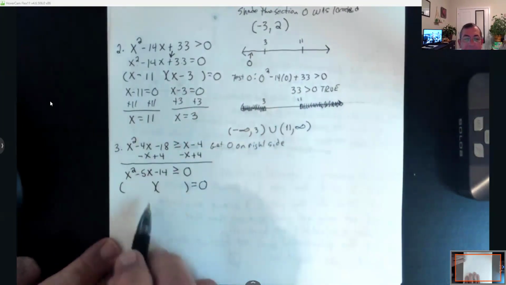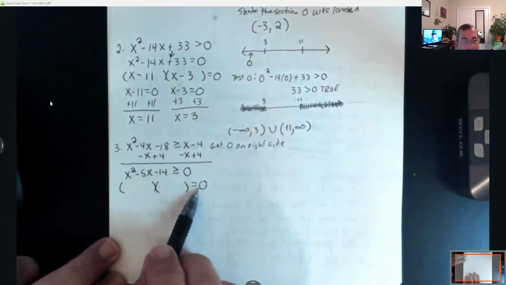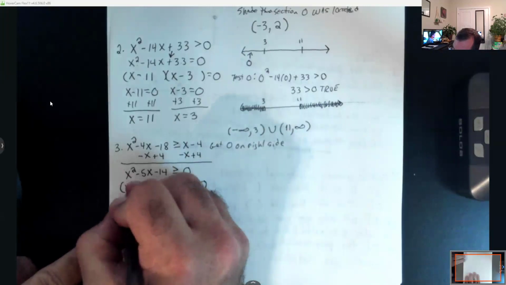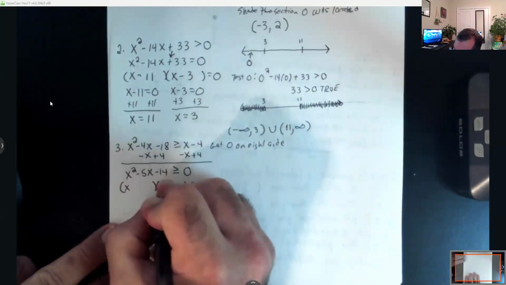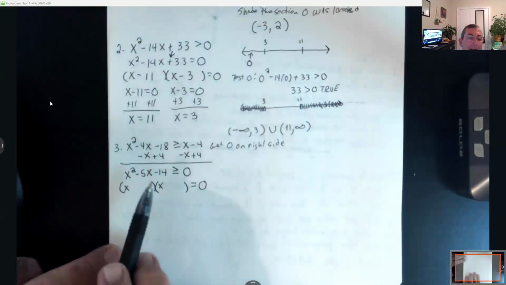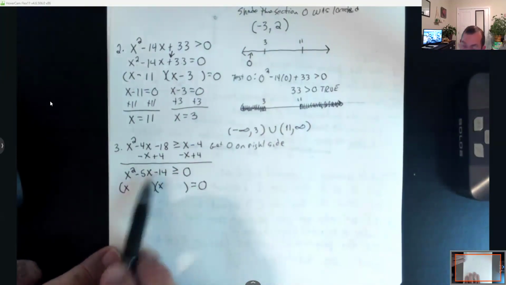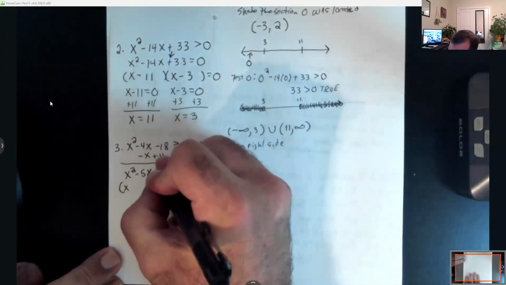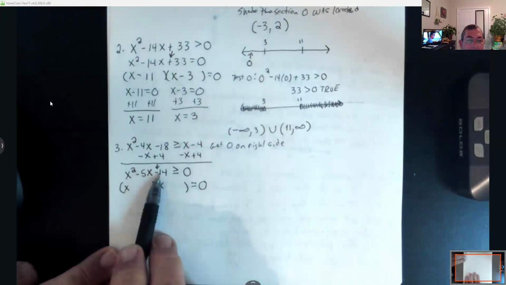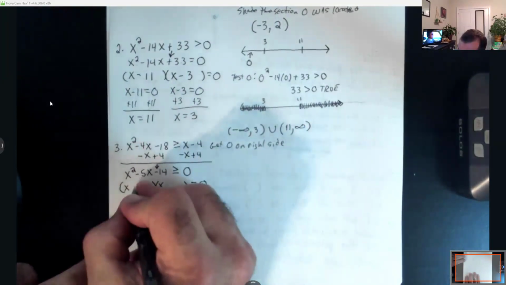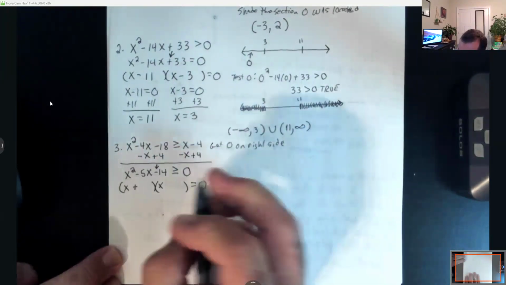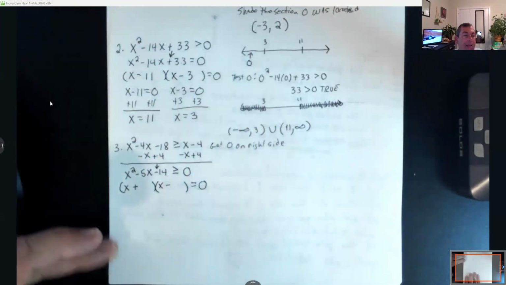So I'm going to factor and actually set it equal to 0, okay? So I've got an x and an x. Now y'all watch when I factor this one. This last number is negative. Anytime the last number is negative, you're going to have unlike signs. One will be positive, one will be negative.